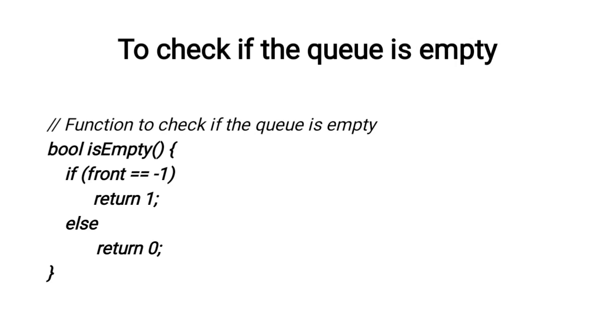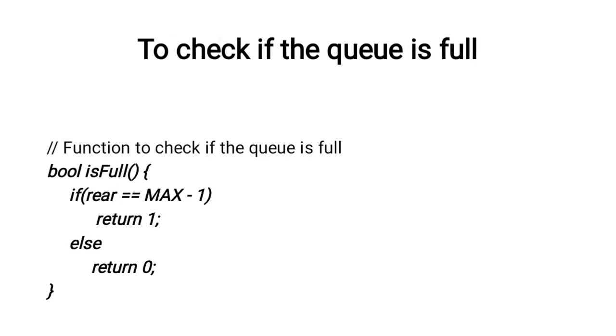Even if I used the variable rear, saying that if rear is equal to -1, it means that the queue is empty. But if front is not equal to -1, it will return 0, saying that it is false that the queue is empty.